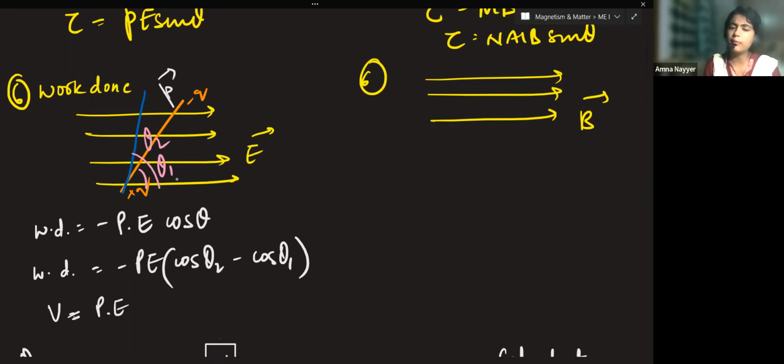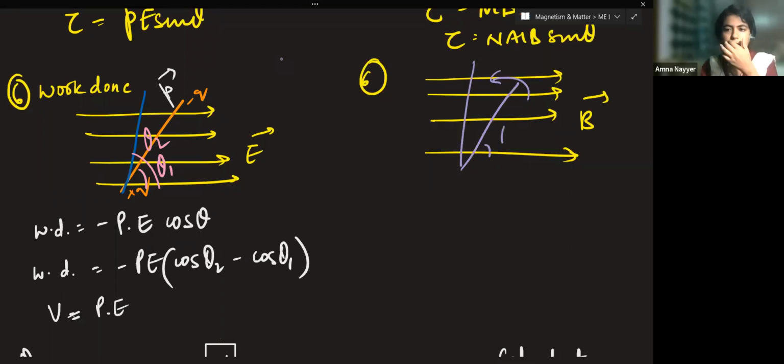Same thing occurs here as well. You have a magnetic dipole, which is now rotated to some other angle. This must be theta 1. Now it is shifted to some other angle, theta 2.